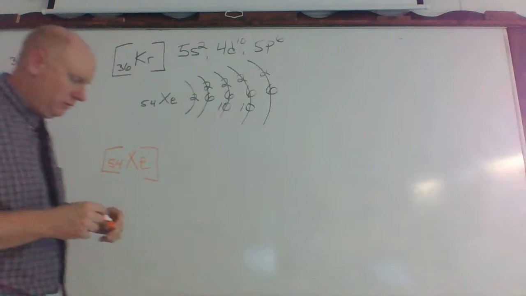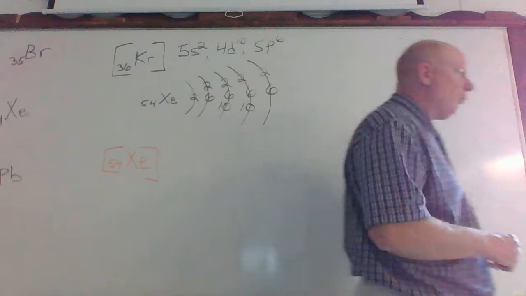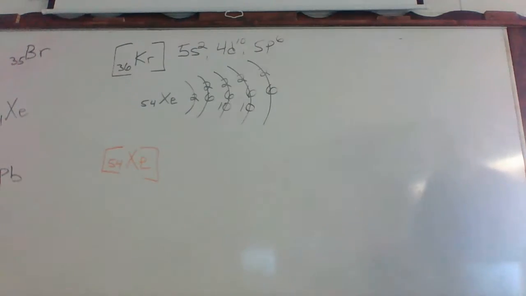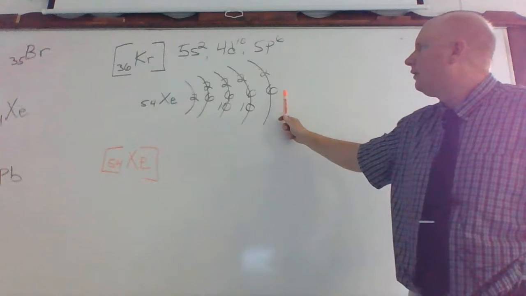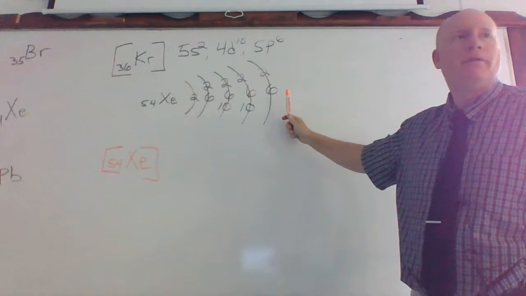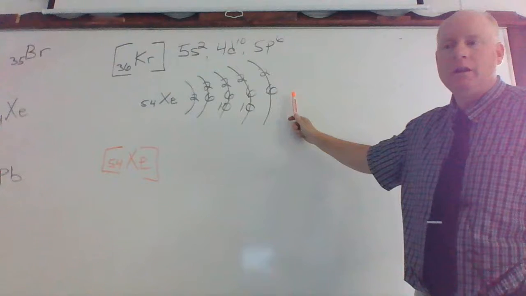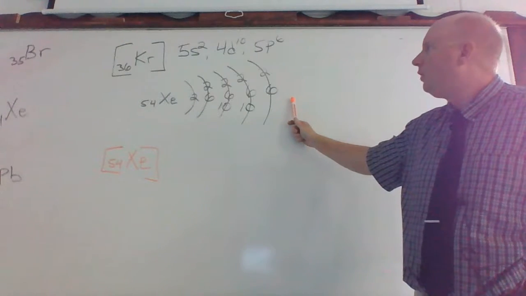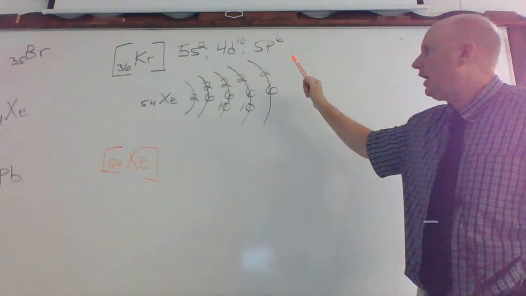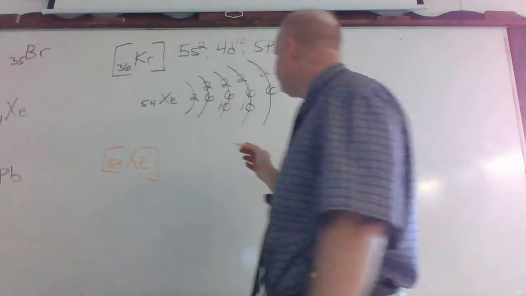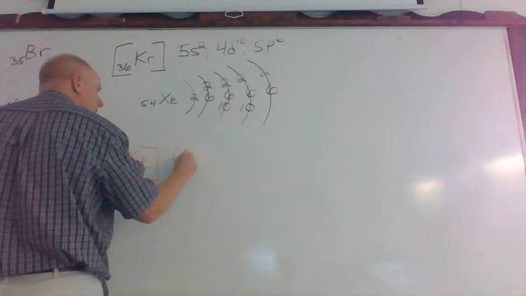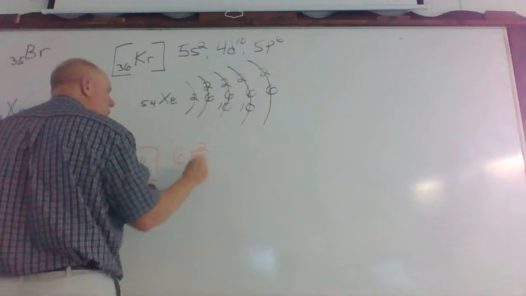So now, what period does xenon end in? We just showed that to you. It ends in the 5th energy level, the p block. So, following your slide rule, you're going to go 6s2, then way back to what?